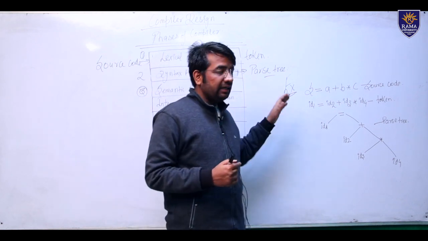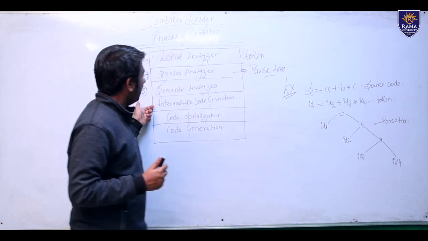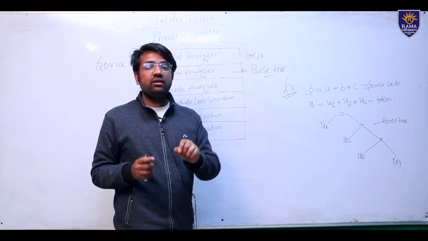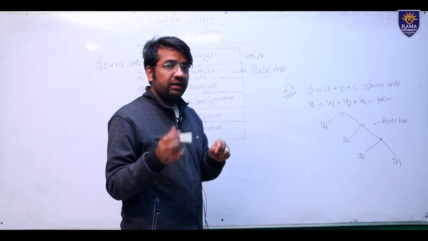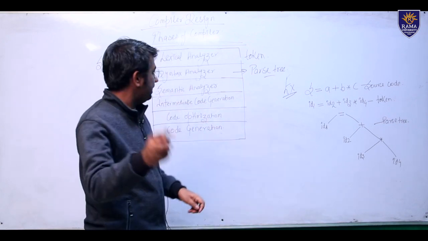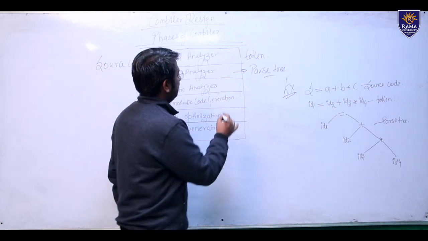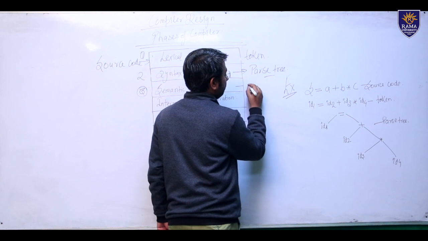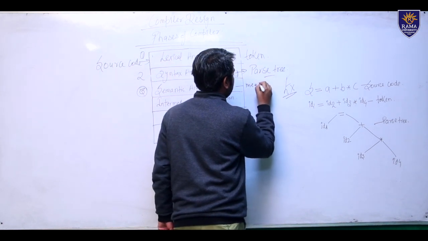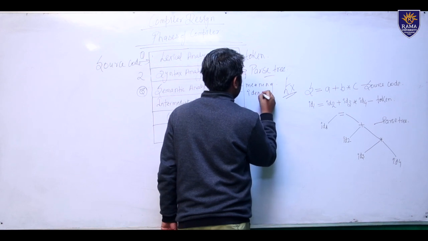After declaring each value of operator and operand, we take this meaningful source code and put it into the intermediate code generation. So what we do in the third phase of the compiler is the identification of meaning.